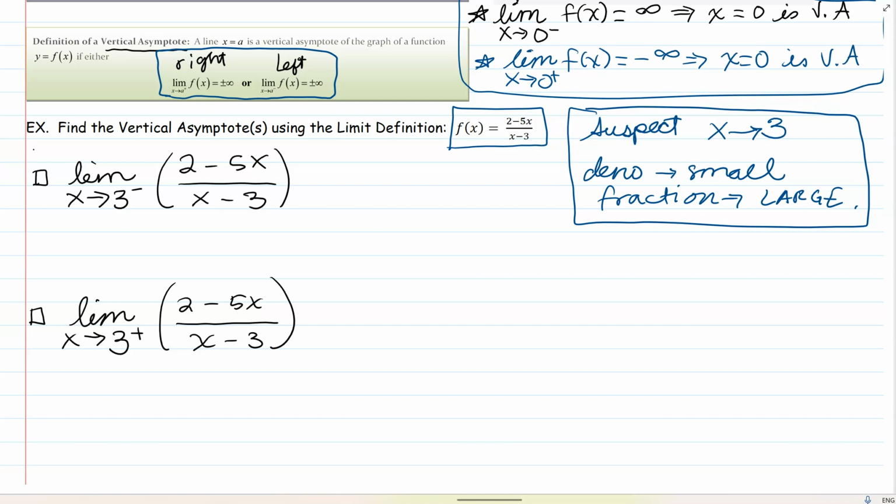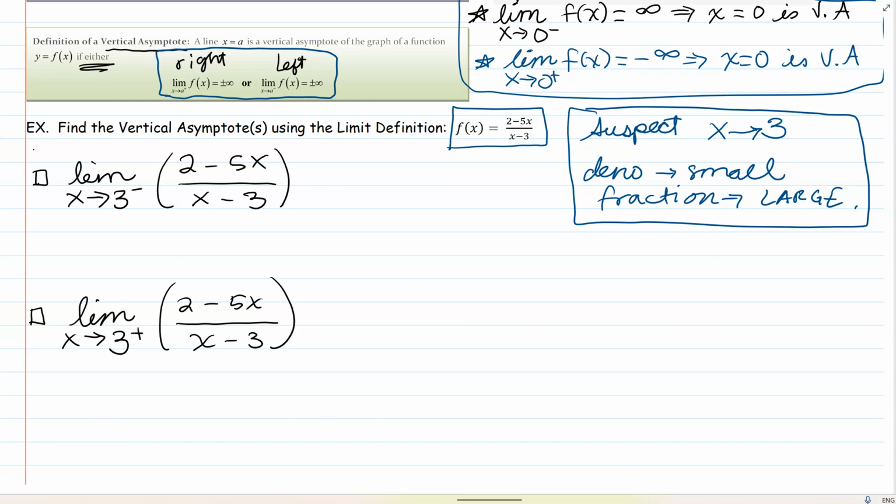Because it said either one of those, if one of those limits approaches infinity or negative infinity, then we know that our function is going way up or way down at that point, so there would be a vertical asymptote. Okay, so let's take a look.